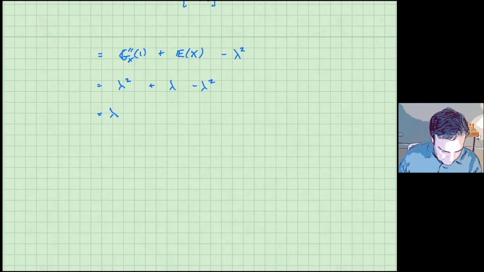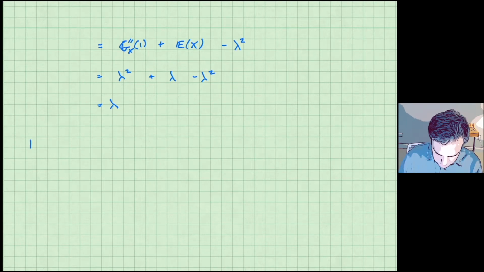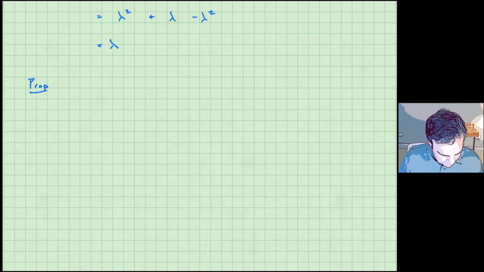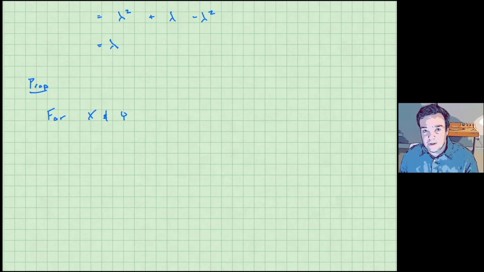Okay, so now we'll write out another proposition. All right, and we'll say that, let's say we have two random variables, x and y. All the random variables that we've been introducing so far are discrete, and they have non-negative integer values.